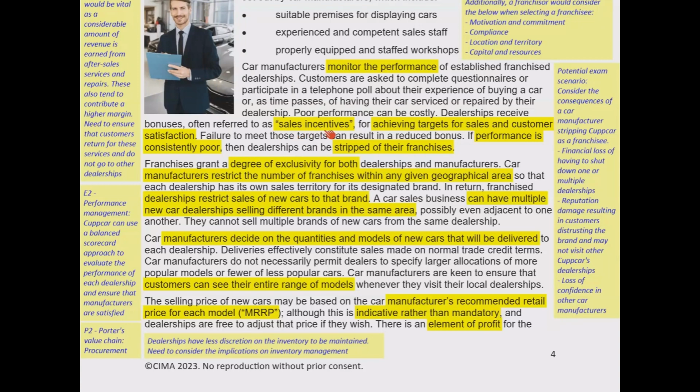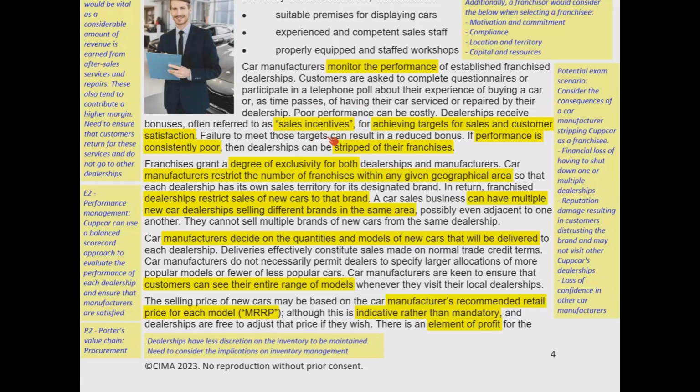That gives me a worry, because what if Cuppcar failed to achieve that incentive? What would the gross profit on the sale of a new car then fall to? And we're going to see that the gross profit margin on a new car sale is already very low. Real world now, folks, the margins on new car sales are really low.